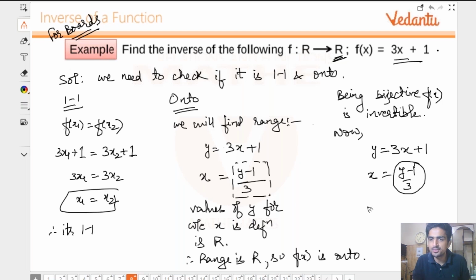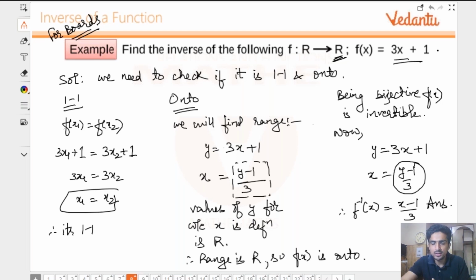So your inverse function is (y minus 1) by 3. Listen carefully. Normally, because we express functions in terms of x, f inverse of x will be (x minus 1) by 3. We don't use variable y, we use x only, because normally functions are written in terms of x. So that is your answer.